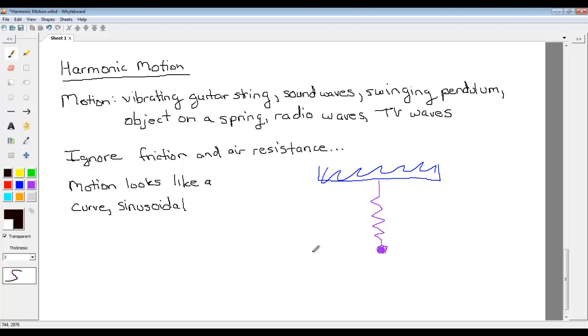Okay, so this right here is going to be our equilibrium point. For this axis, 0 is equilibrium, then you go 1, 2, 3, 4, etc., and -1, -2, -3, -4, etc.